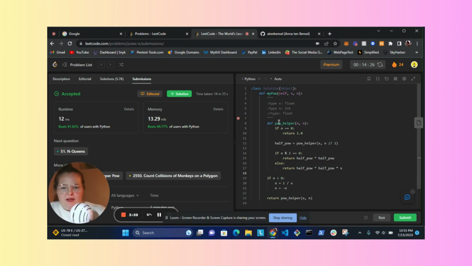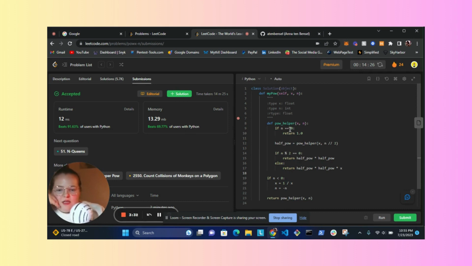So let's just jump right in and talk about this pow helper function, which is a recursive helper function that calculates the power of x raised to the exponent n. So the function is designed to effectively handle exponentiation by dividing the problem into smaller subproblems. So basically, if the exponent n is 0, the function immediately returns 1.0.